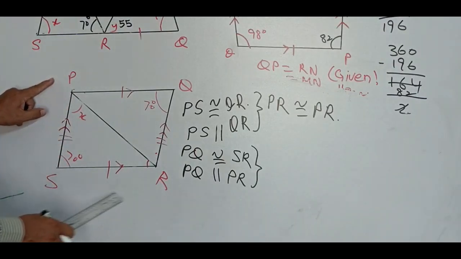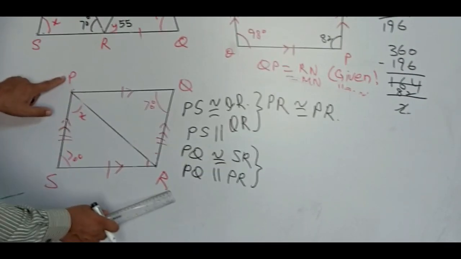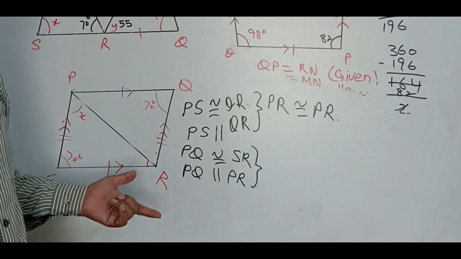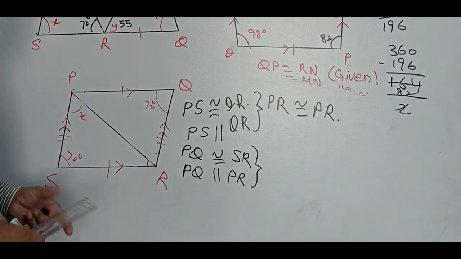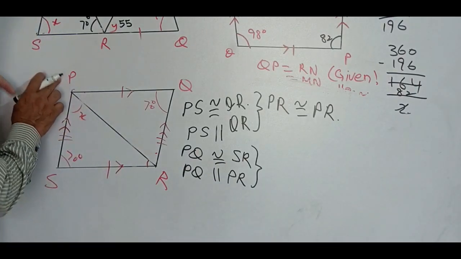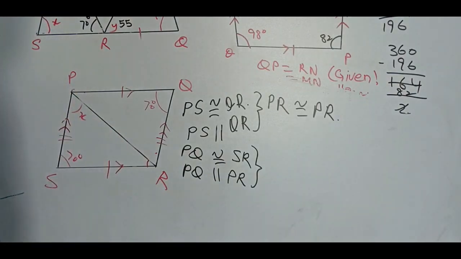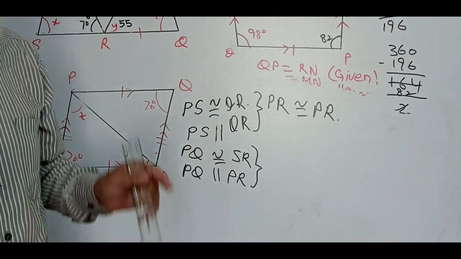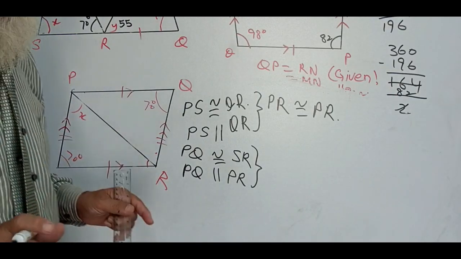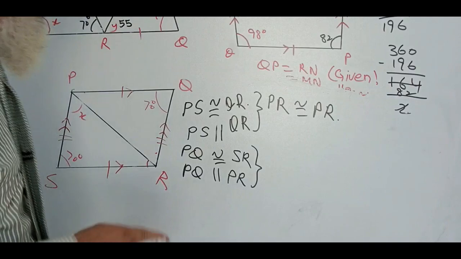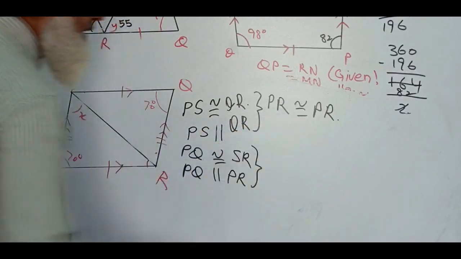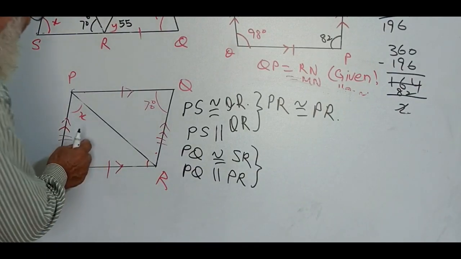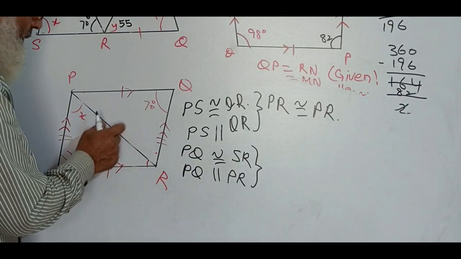This is a diagonal, and we know that when we say PR, it may be 30 centimeters in length, it may be 40 centimeters in length, but PR will be equal to PR. Well, this is the way we prove the logic of the postulates. So you see that all the three sides are congruent to each other.